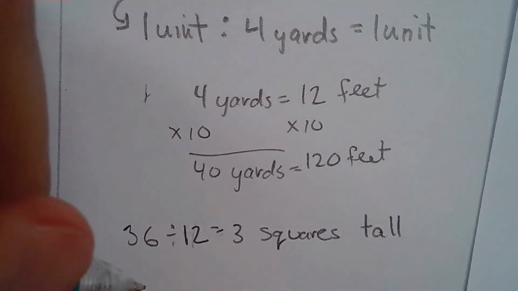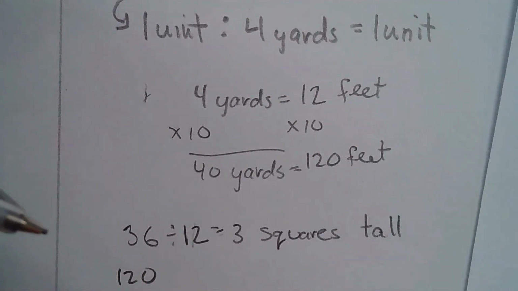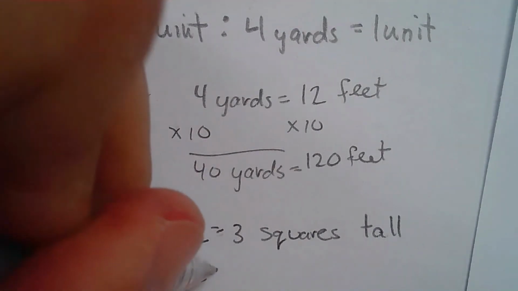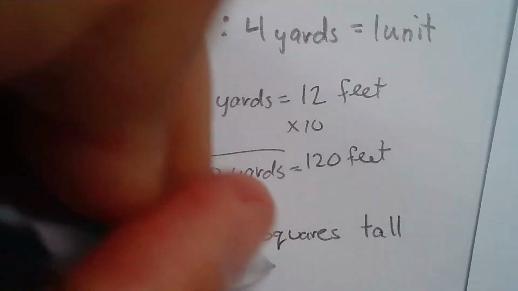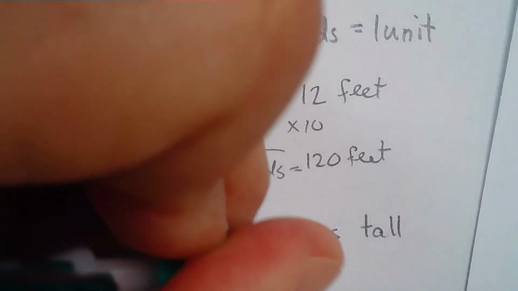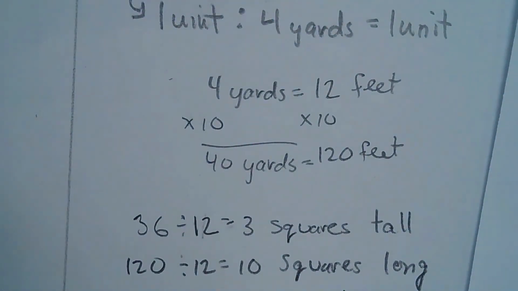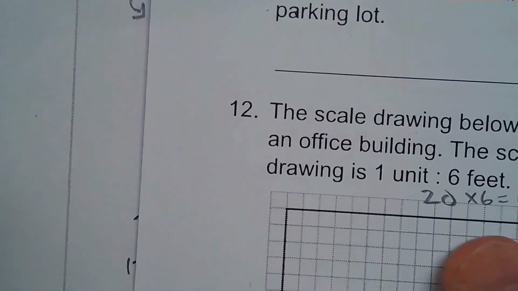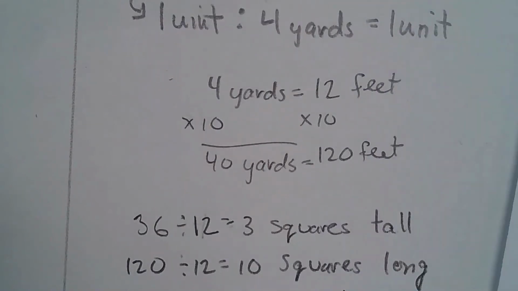And then if I have 120 feet there, and I divide that by 12, that would be 10 squares long. So to keep representing 120 feet, I would divide it by 12, because 4 yards is 12 feet.